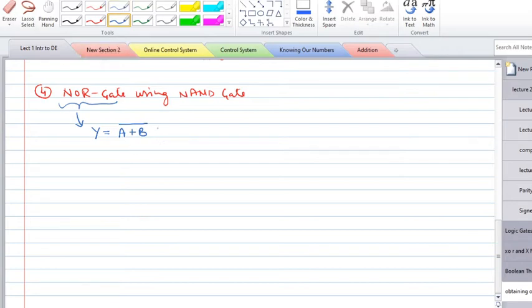If we take two times bar of this NOR gate like this and solve the internal one using De Morgan's theorem, then we get this A bar dot B bar with this.